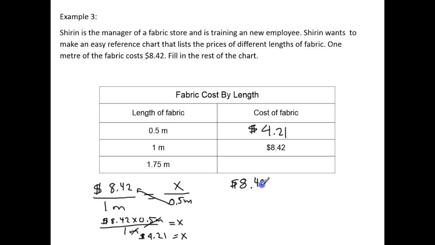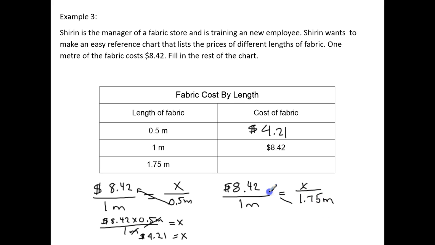So we know that $8.42 is the cost for 1 meter, and we want to determine the cost, X, for 1.75 meters.